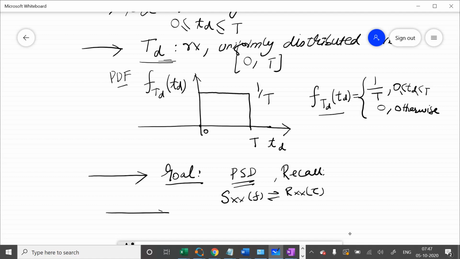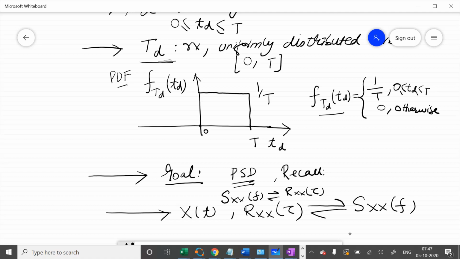Here we are treating the binary wave as x of t. We will first need to find its autocorrelation function. Once we find it, we take its Fourier transform and we get the power spectral density. That is our goal.